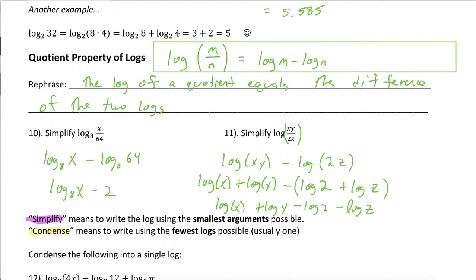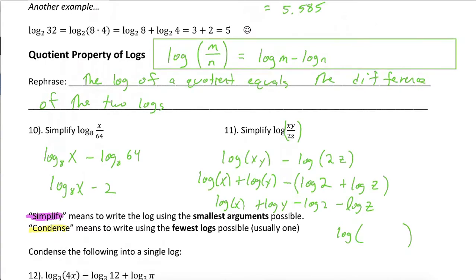Condense into a single log means we want to take a bunch of logs and just smush them all together until it's just one log, which means anytime your directions ask you to condense, your answer must be the log of something. One log, one argument. There could be a bunch going on in there, but when it says condense into a single log, you're only going to see the symbol log once.